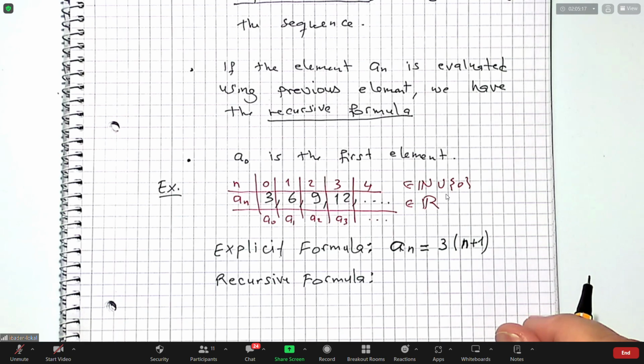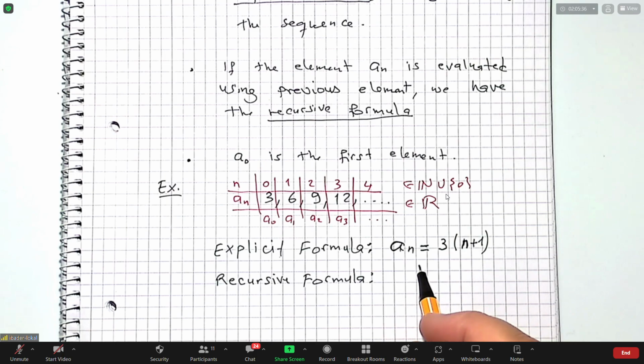Now, your colleague said A plus 3n, I assume that A here is the first element, right? First element. So this is one way to do it.